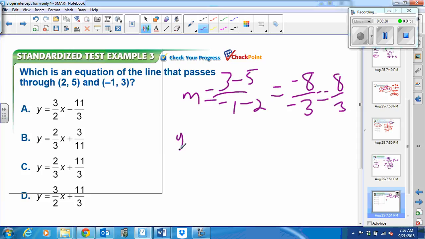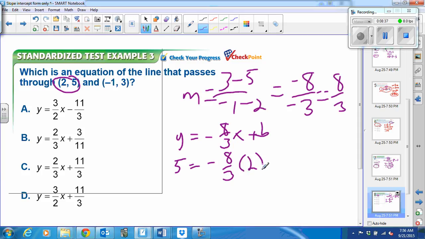So we get y equals 8/3 x plus b. I'm going to pick (2, 5), plug in. So we get 5 equals negative 8/3 times 2 plus b. So 5 equals negative 16/3 plus b.